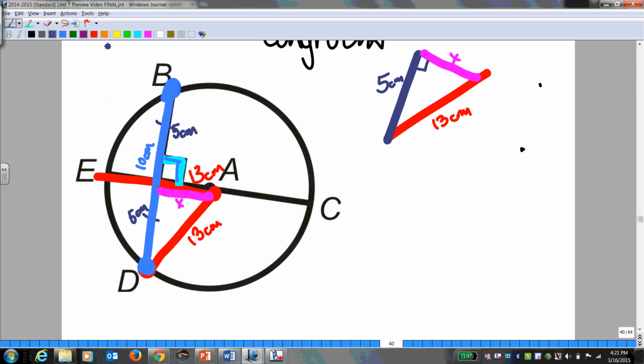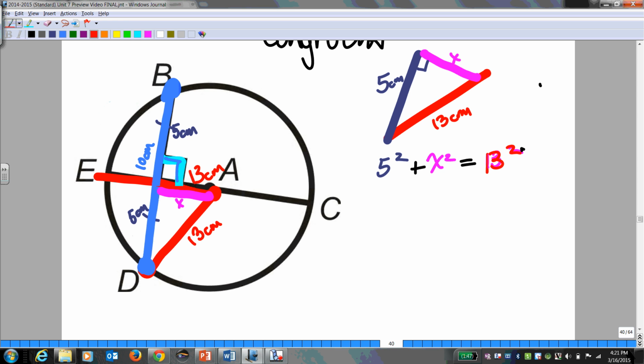Pythagorean theorem. I'm going to go 5 squared plus x squared equals 13 squared. Whoops, let me keep my color straight. That should be red.